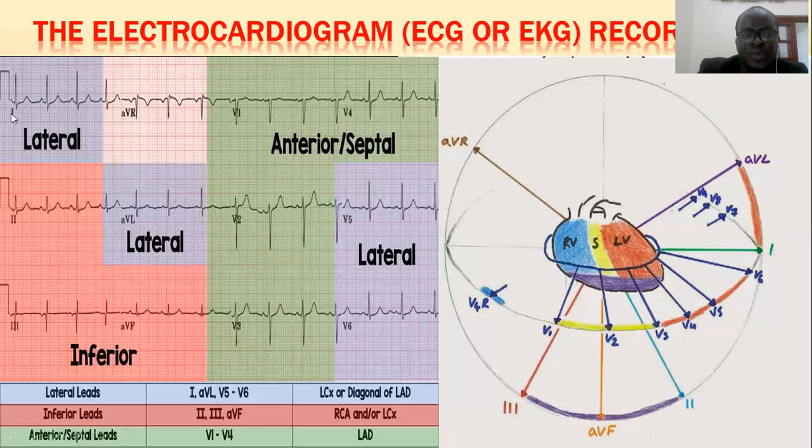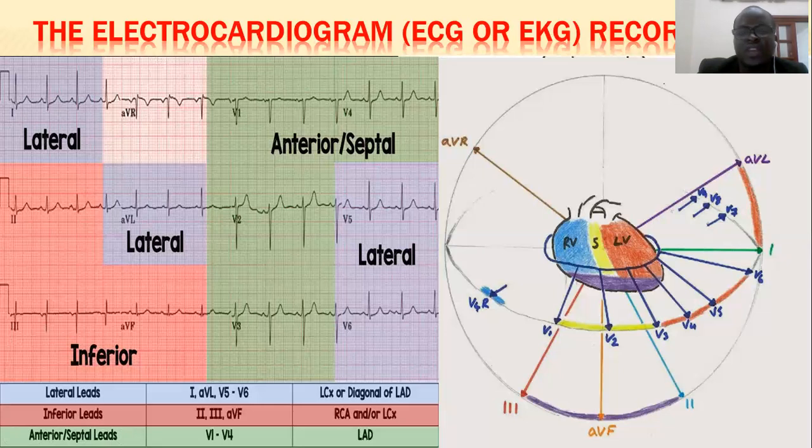From lead 1, lead 2, and V1, this is where you're going to appreciate more of these P waves. Once you have a P wave followed by a QRS complex, P wave followed by a QRS complex, then you know this is normal cardiac rhythm. So this is normal sinus rhythm, a P wave followed by a QRS complex.